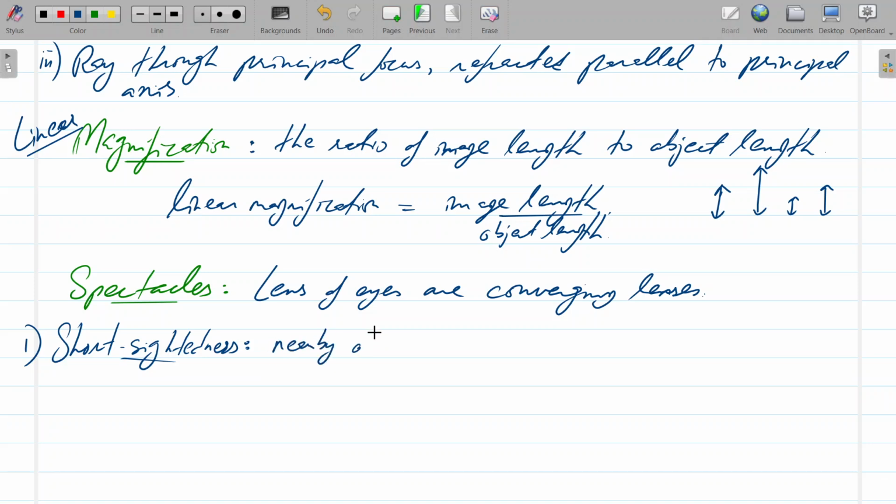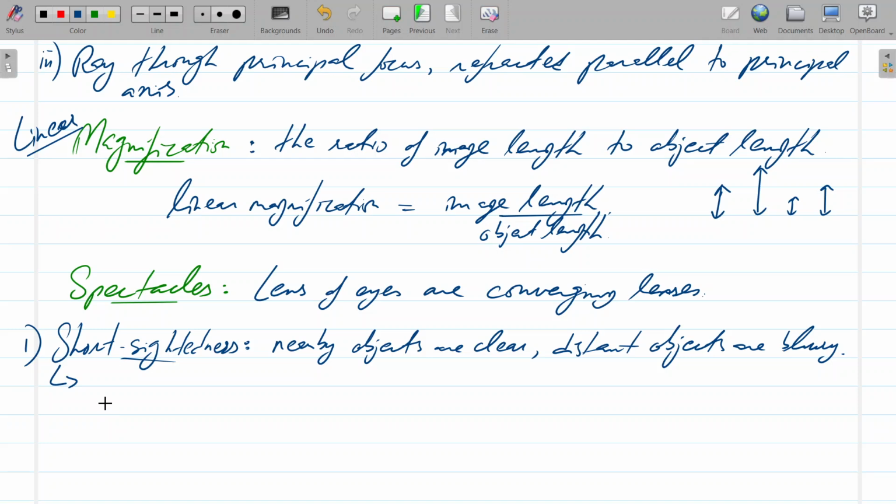So nearby objects are clear, distant objects are blurry. What's happening is that the image is forming in front of what's called the retina.